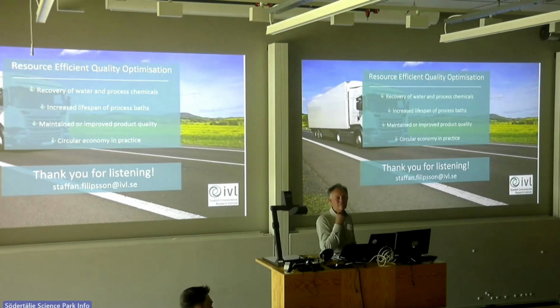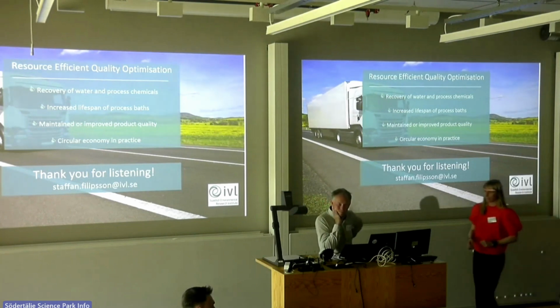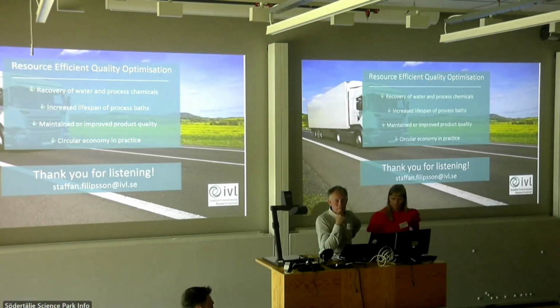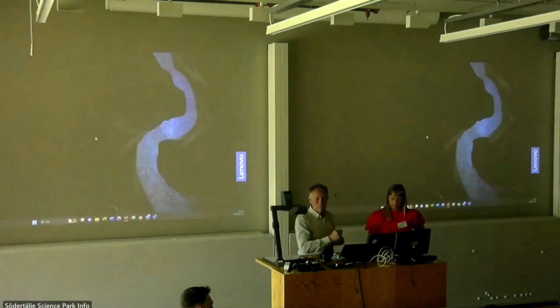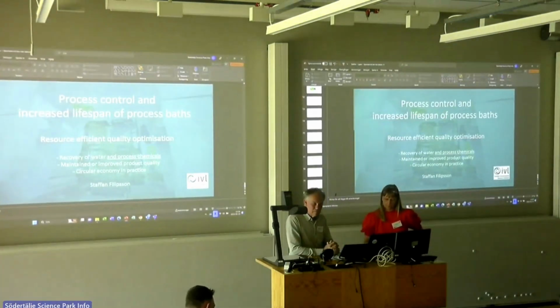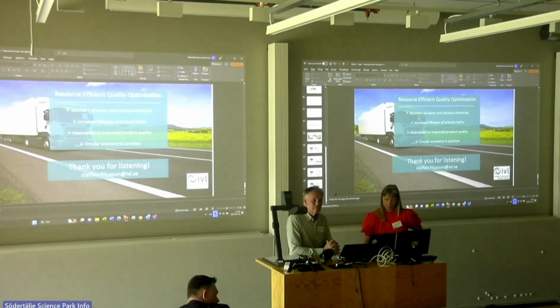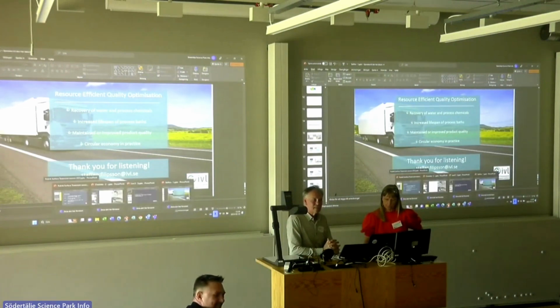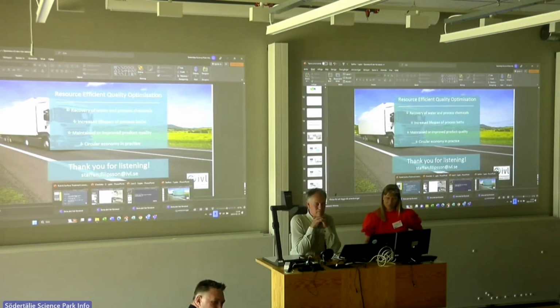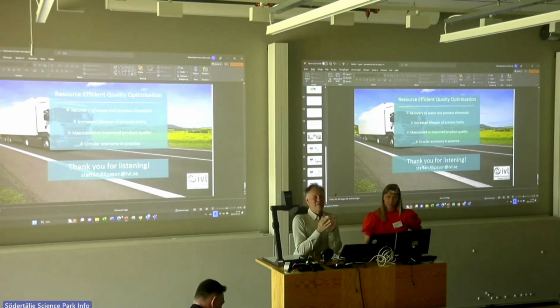Yes, one more. I have a more general question: how big is the environmental impact of surface treatment of the product? Like if you take a cabin. And the follow-up to that is how much improvement can you get with using this process? I don't have that answer. I've not made an LCA on it, but I think there should be.